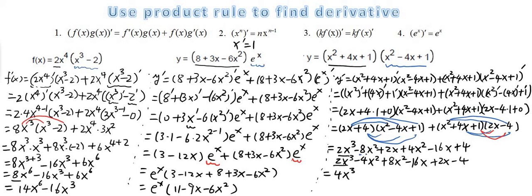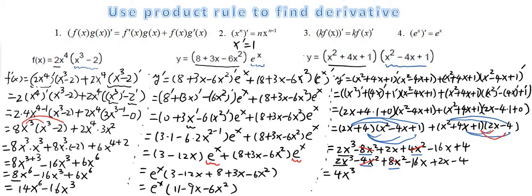So here is negative 8x squared. Here's a positive 4x squared. Here is a negative 4x squared. Here's a positive 8x squared. So we can see negative 8x squared and positive 8x squared can be cancelled out, and negative 4x squared and positive 4x squared can be cancelled out.